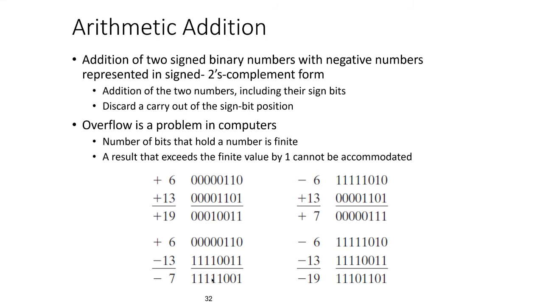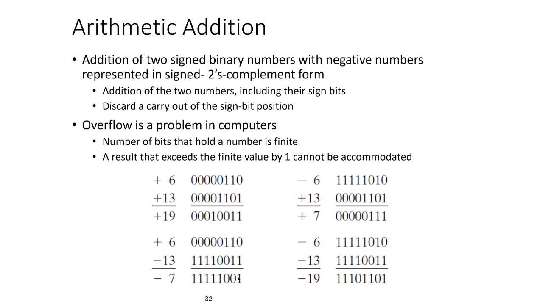In this result, what you're going to see is there's no actual carry. We don't have a carry bit to discard, but we have just the number itself. So we read it directly, okay?